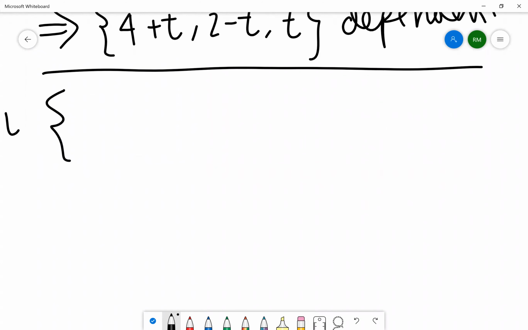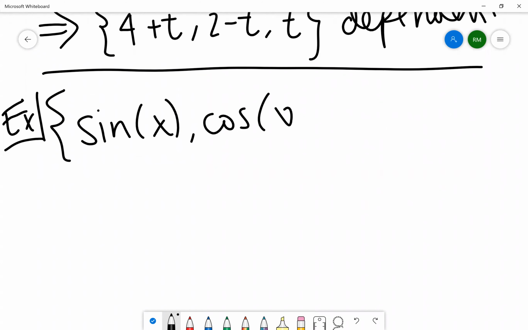Is the set of sine of x and cosine of x a linearly independent set? Well, at first you might be thinking, there's no way for me to solve that. And in some ways, you're right, but here's one way to look at it.